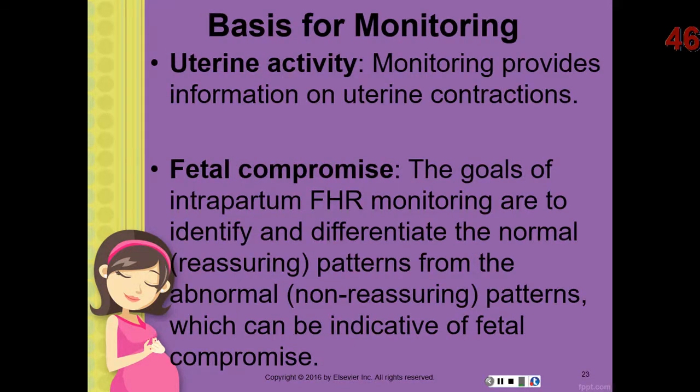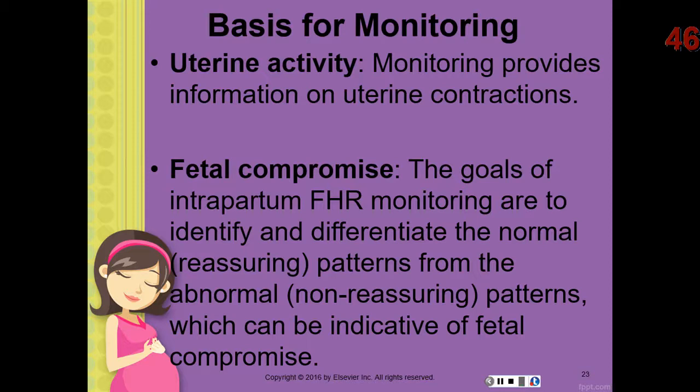Okay, so we look at uterine activity, and you can look at table 18-1 for complete detail. We look at uterine activity and fetal heart rate activity at the same time, and we check one against the other. Our uterine activity gives us information on the contractions.